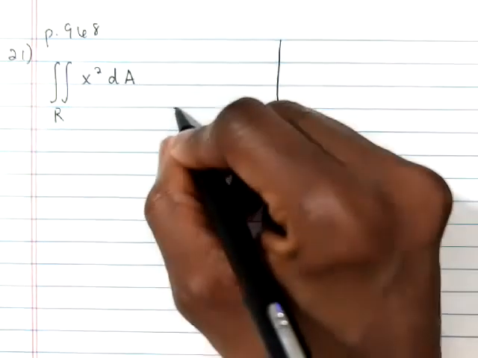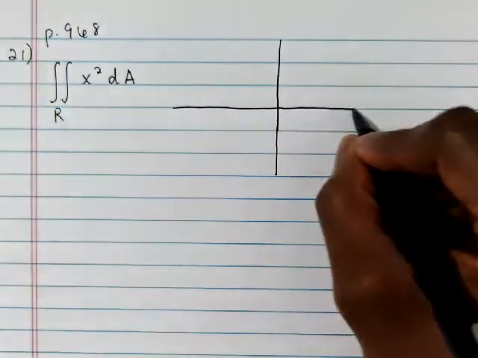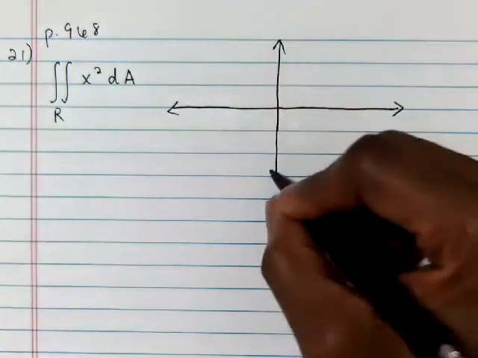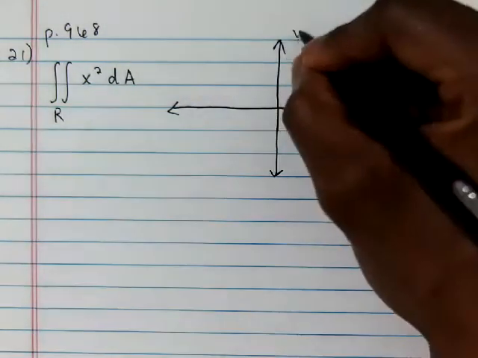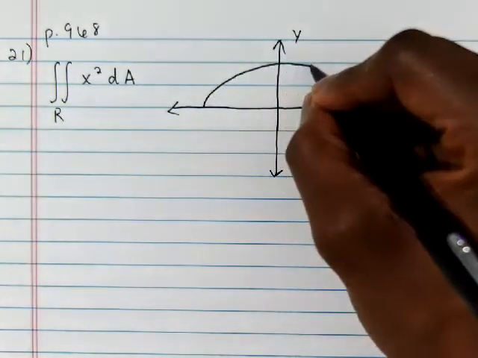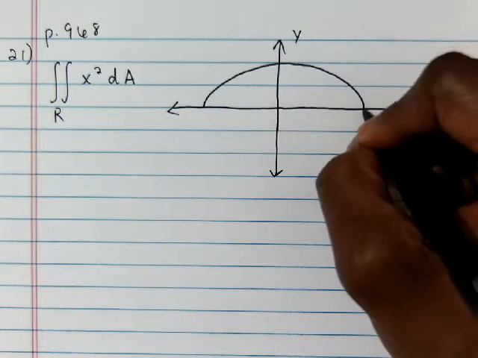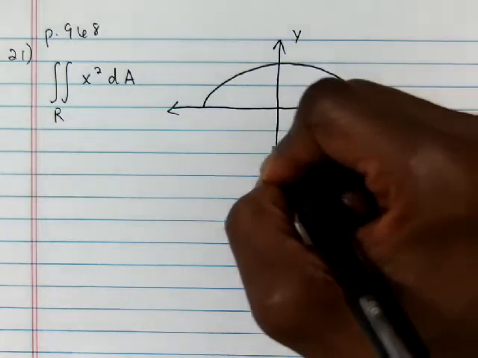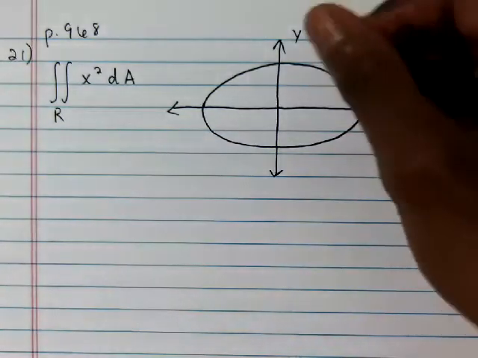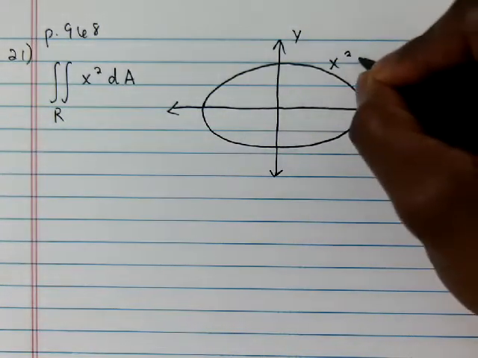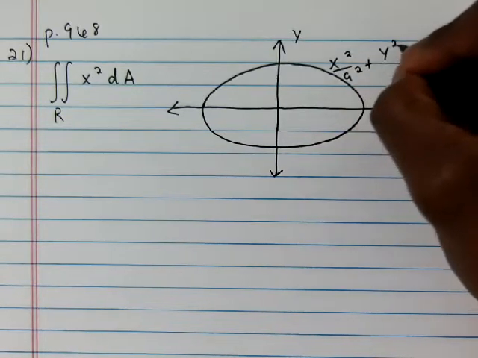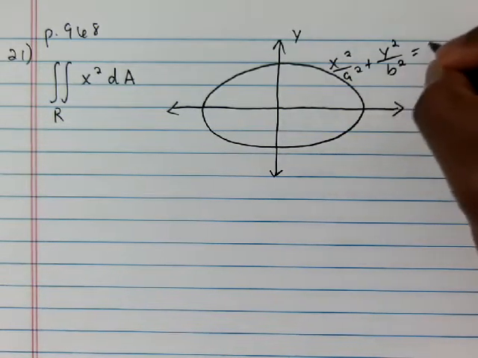So they gave us an equation of an ellipse: x squared over a squared plus y squared over b squared equals 1.